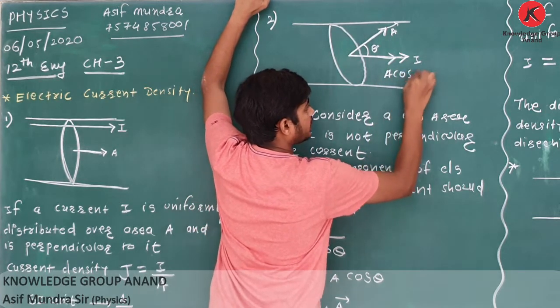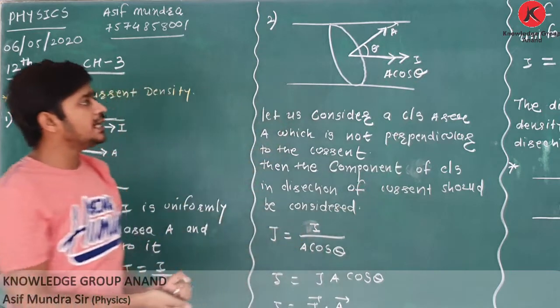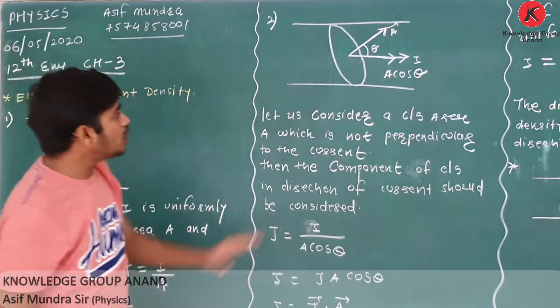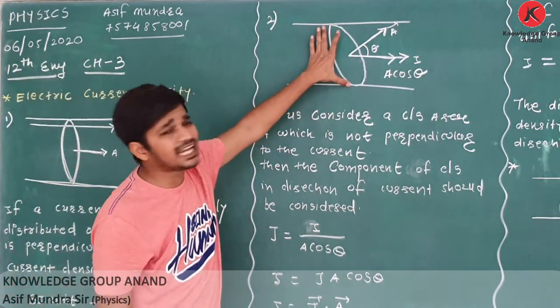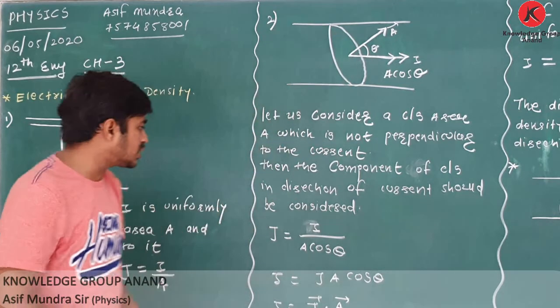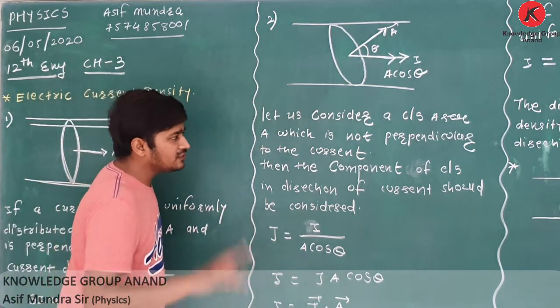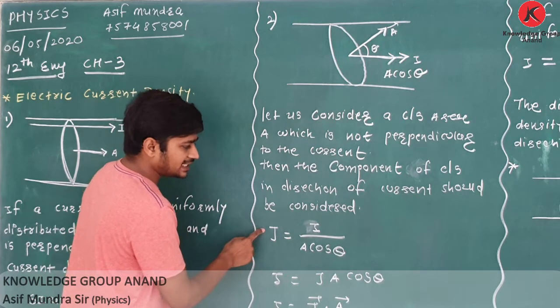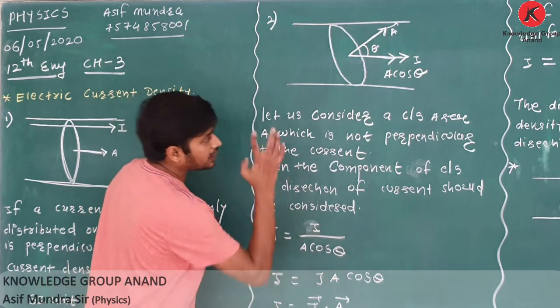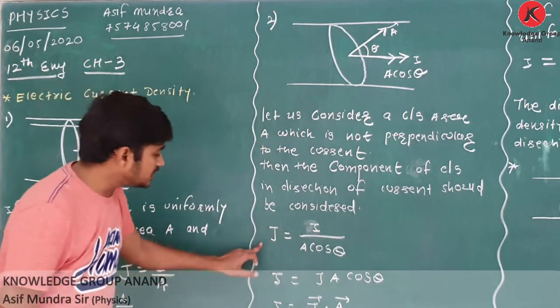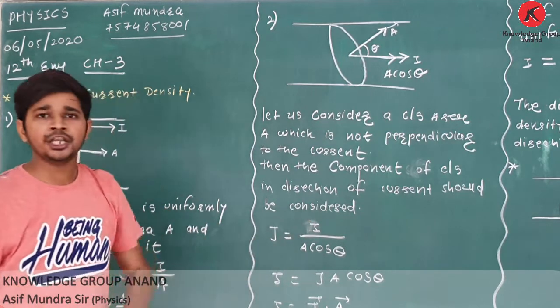It is A cos theta. Then what is the current density at this point from this cross-section? Current density in this case, J is equal to I upon A cos theta.